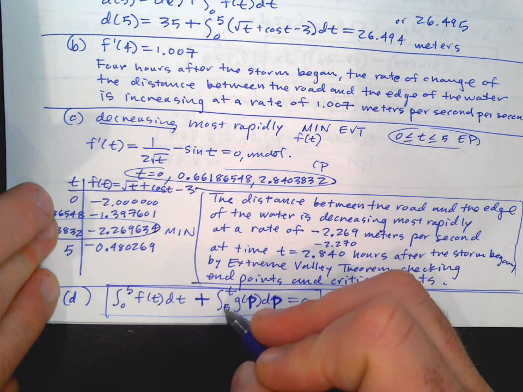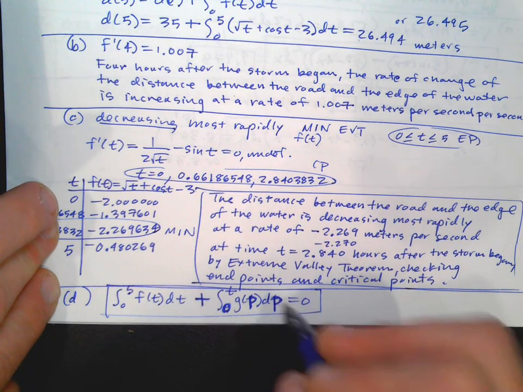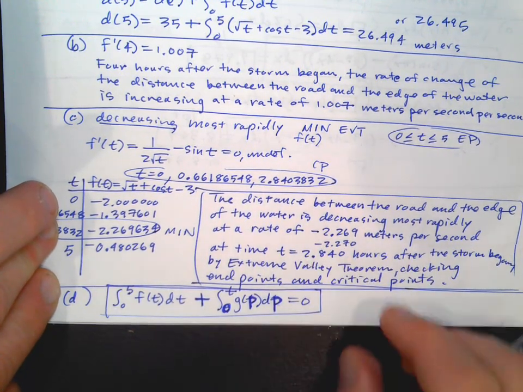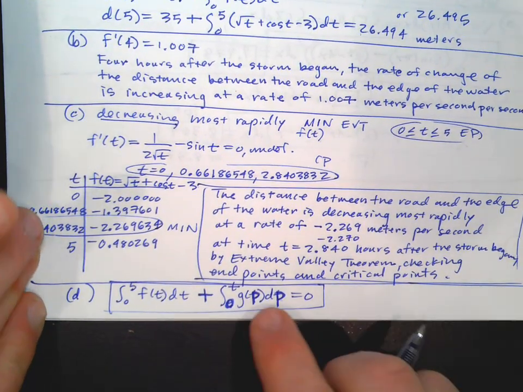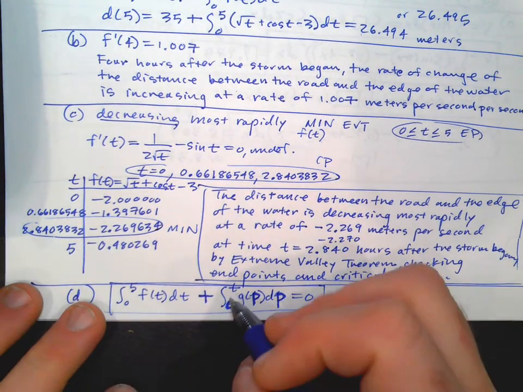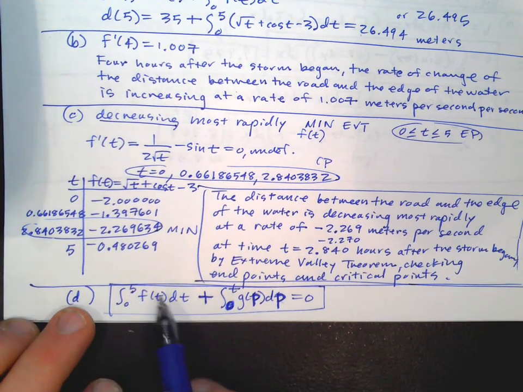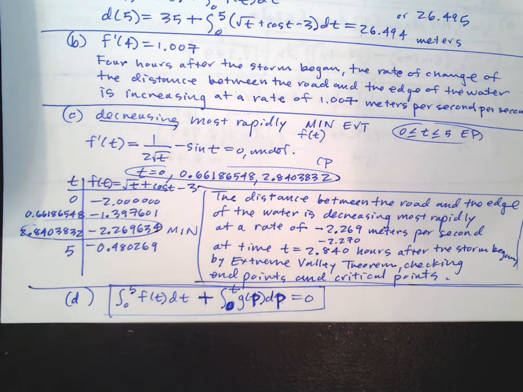I think we'd say 0 for this guy because this function starts at time 0. Time 0 is after the storm began. So P is the number of days since the storm ended. So that should be a 0. This 0 is different, but this function, 0 means something different to this function than 0 means to this function. So kind of tricky. But that's it.